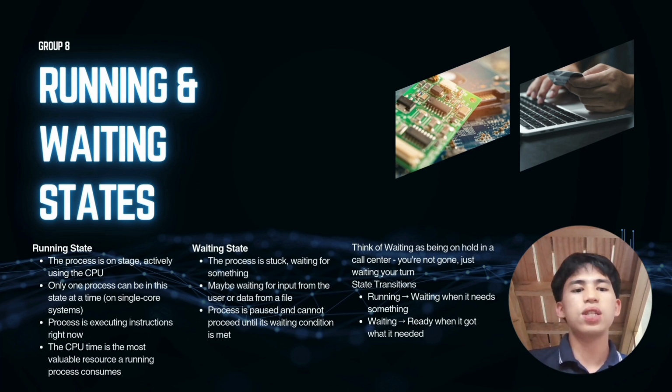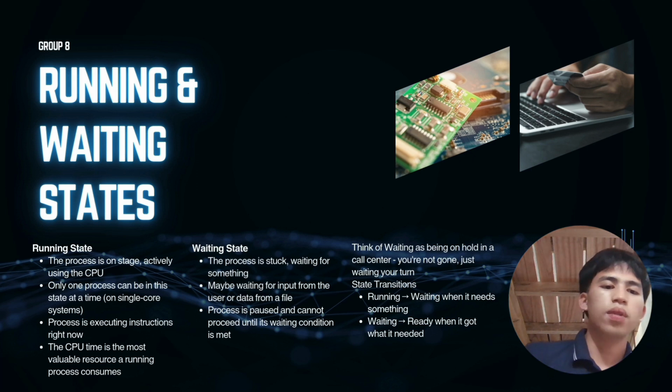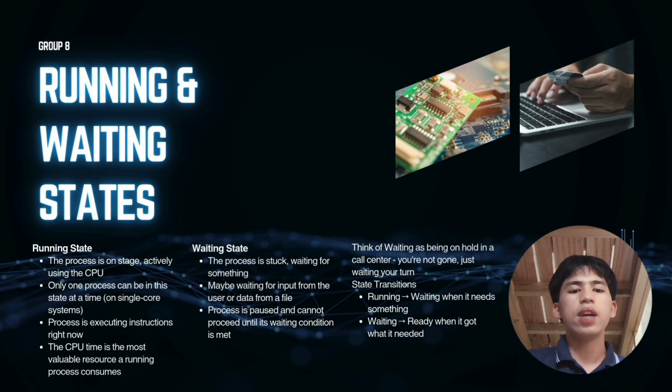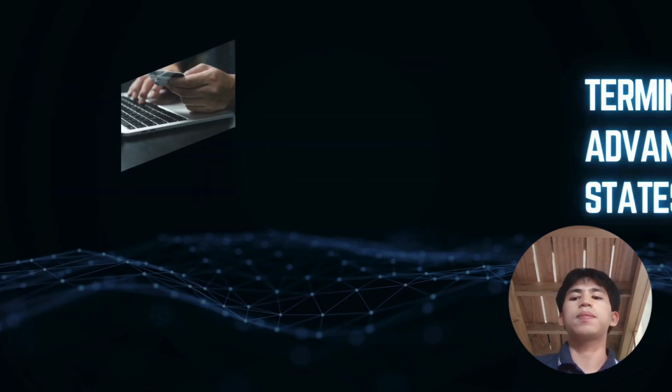The waiting state is when it's stuck waiting for input or data. Think of it like being on hold in a call. You're not gone, just waiting for your turn to be helped. So processes switch from running to waiting when they need something, and back to ready when they get it.